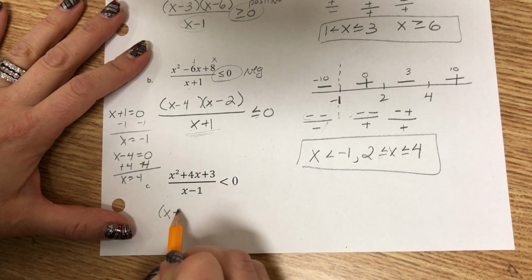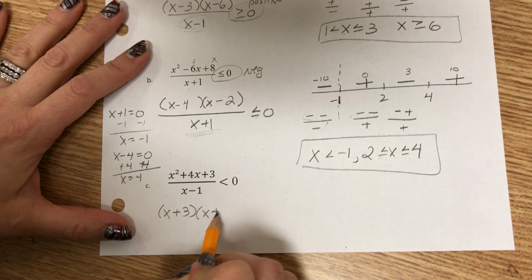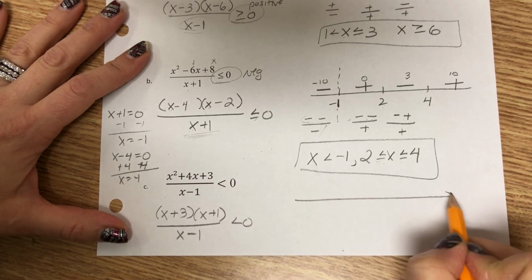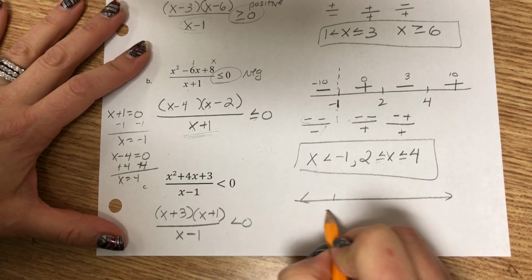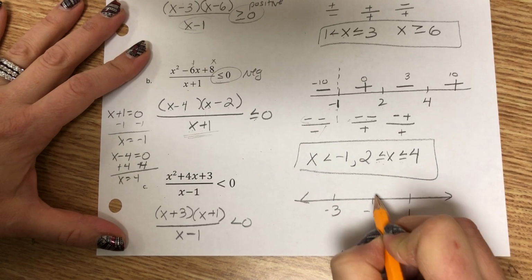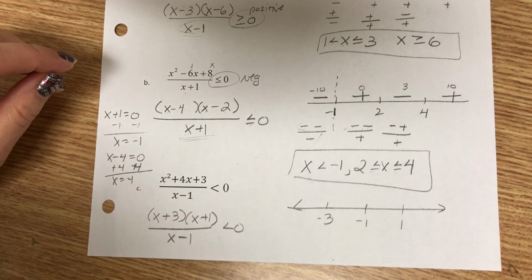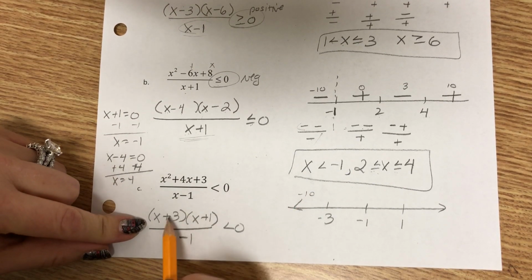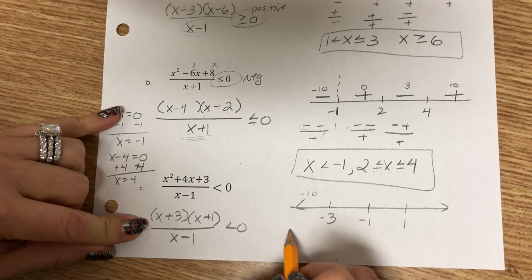Okay, I'm going to factor my numerator. Make a number line. Test some numbers. So I'm going to pick -10. That's going to give me negatives everywhere.